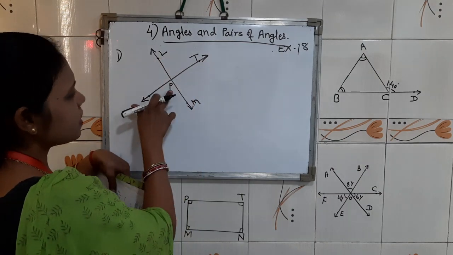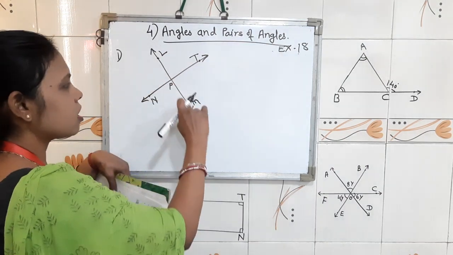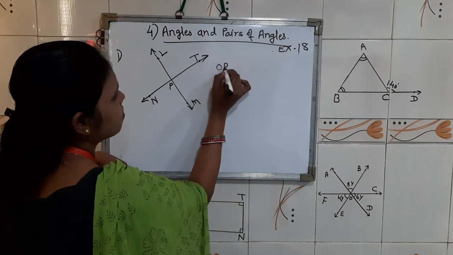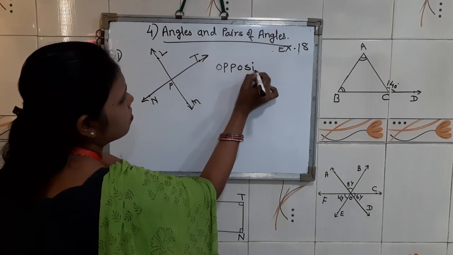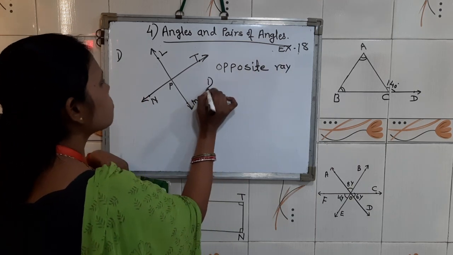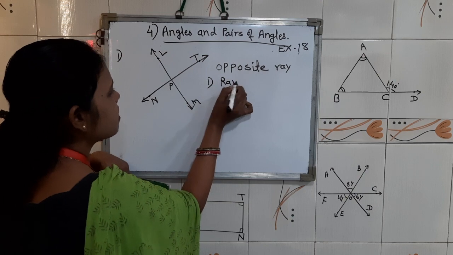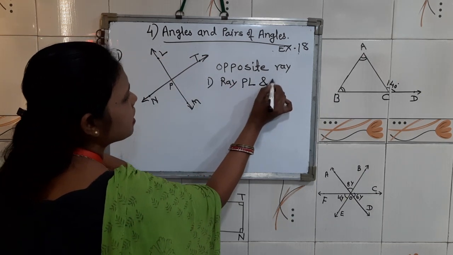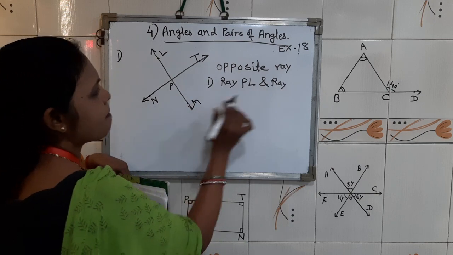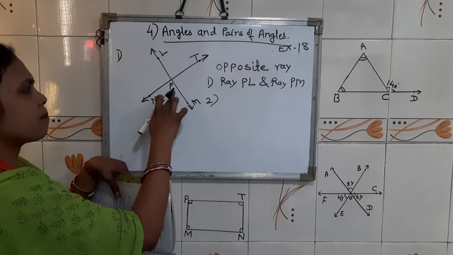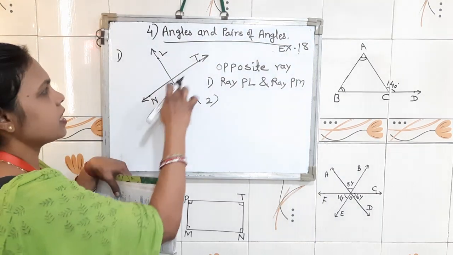PL and PM. They are in one line. Opposite rays: first one, ray PL and ray PM. Second one, ray PN and PT.